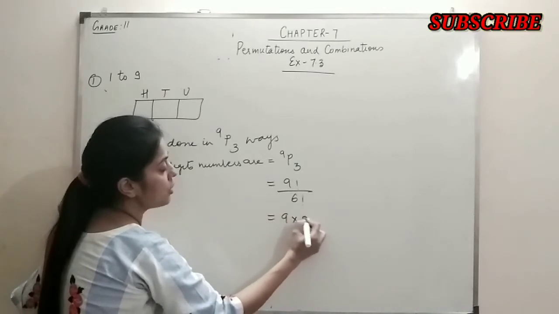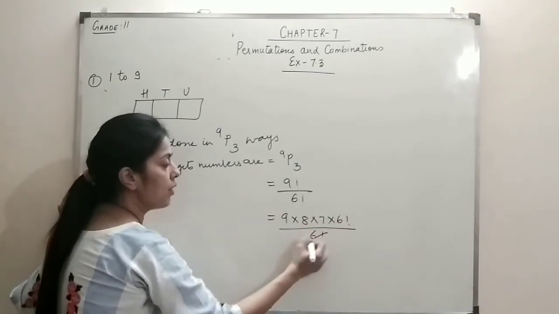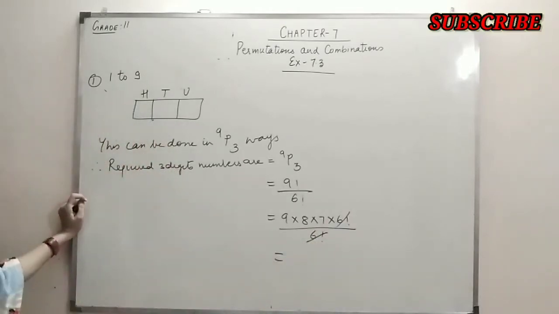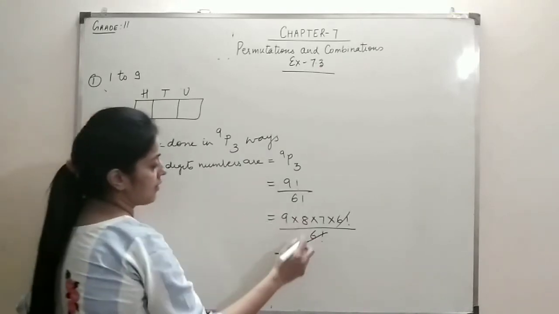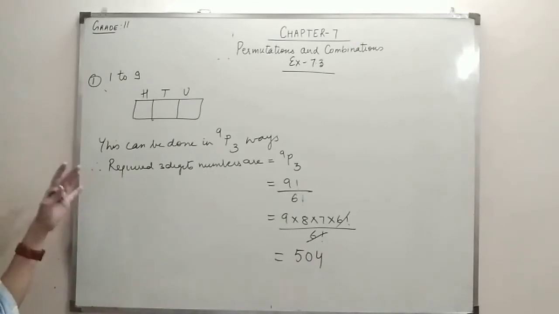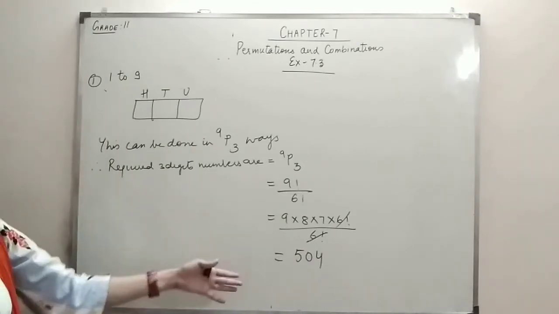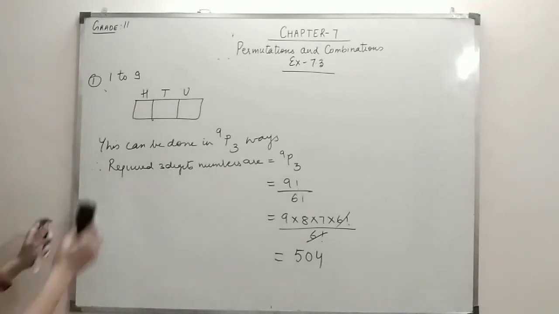That is 9 into 8 into 7 into 6 factorial upon 6 factorial. This is cancelled. 9 into 8 is 72, and 72 into 7 is 504. So how many 3-digit numbers are there? That is 504.